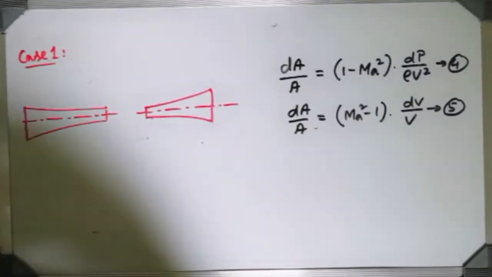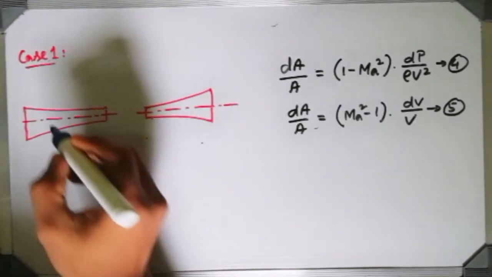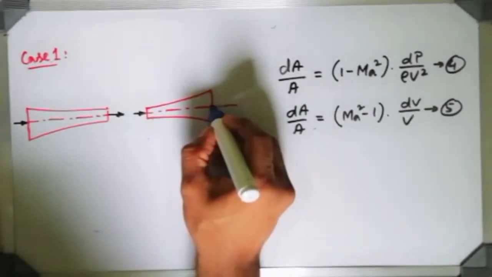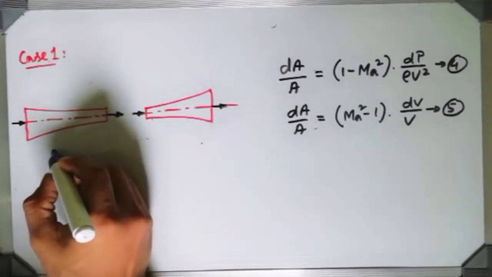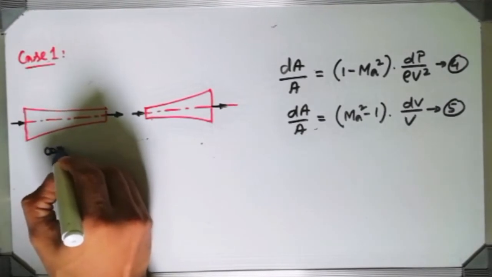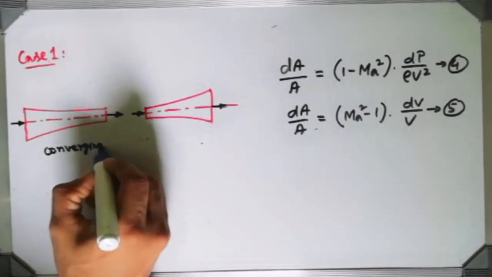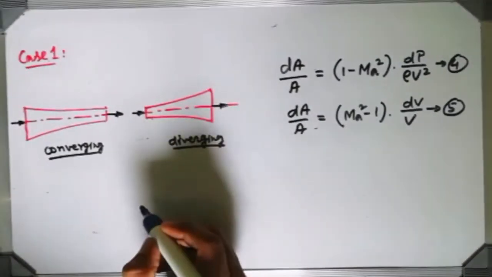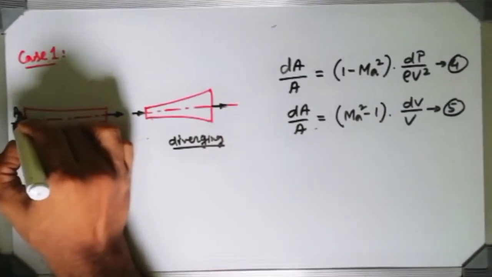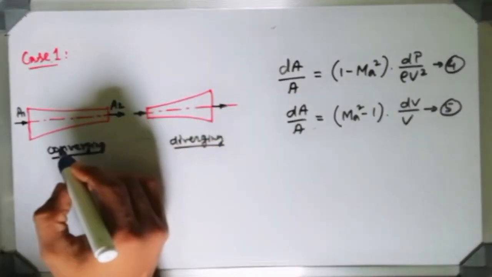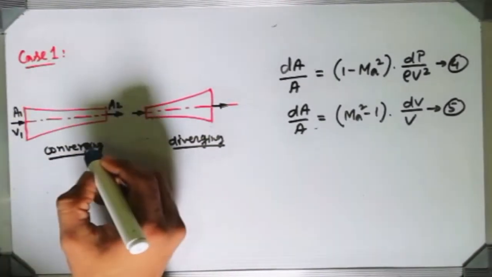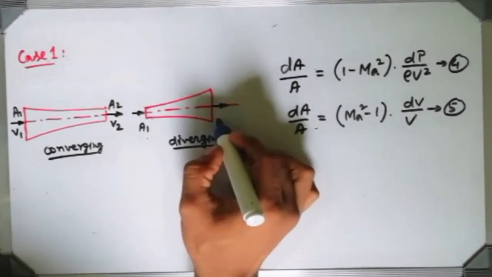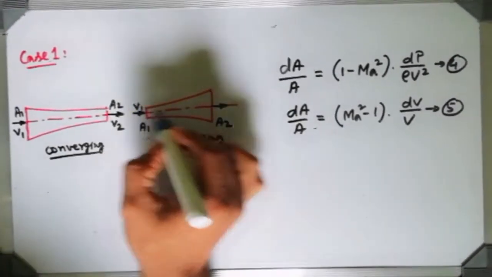See, one converging section is there, flow is coming from this side going out. Two different sections I have shown over here. This is a converging section, and this is a diverging section. Here I am taking cross section A1, here A2, and the coming velocity is V1, and going out is V2. And the same thing here also, A1, A2, coming velocity V1, outgoing velocity V2.